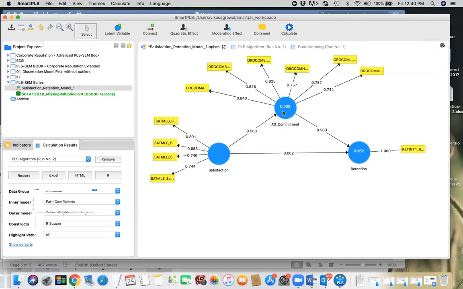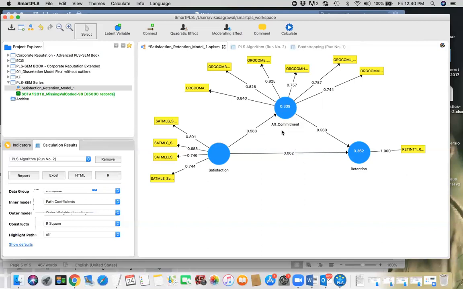So R square is 0.339 here, about 34%, and here it's 0.362, so 36%, which means that satisfaction and commitment together explain almost 36% of the variation in retention, while satisfaction alone explains almost 34% of the variation in commitment. And these are moderate effects.